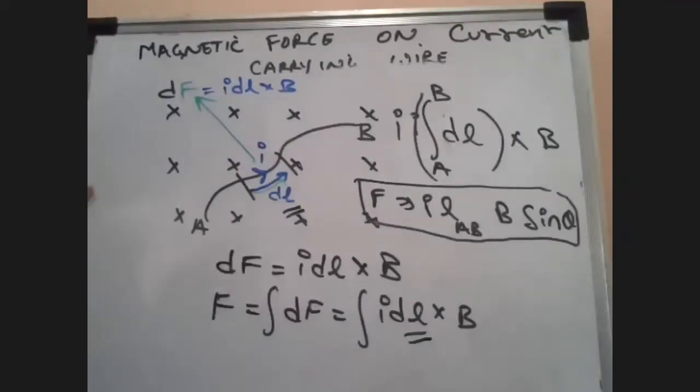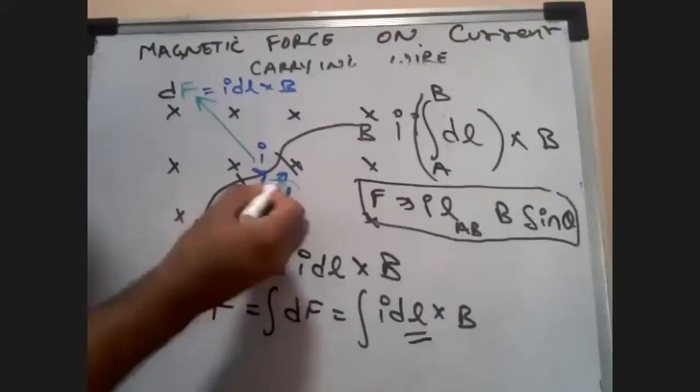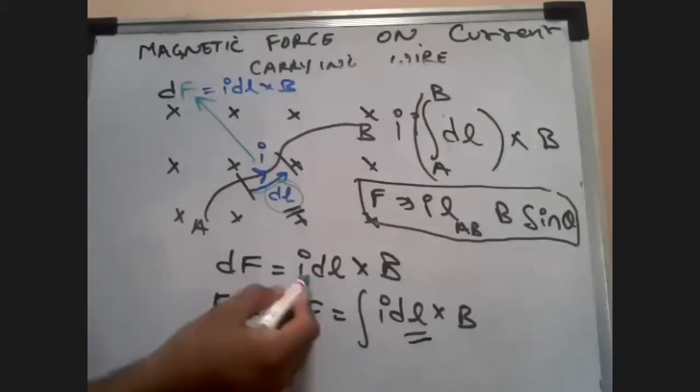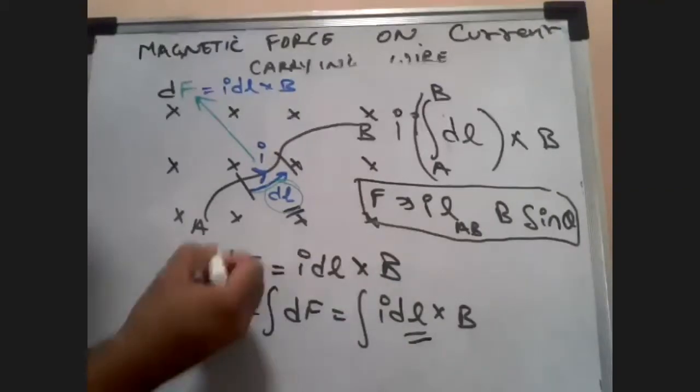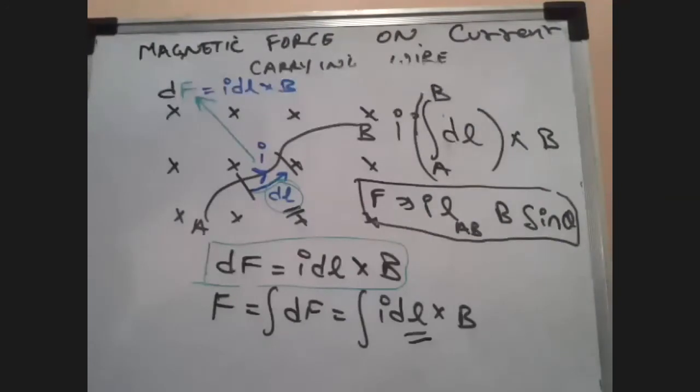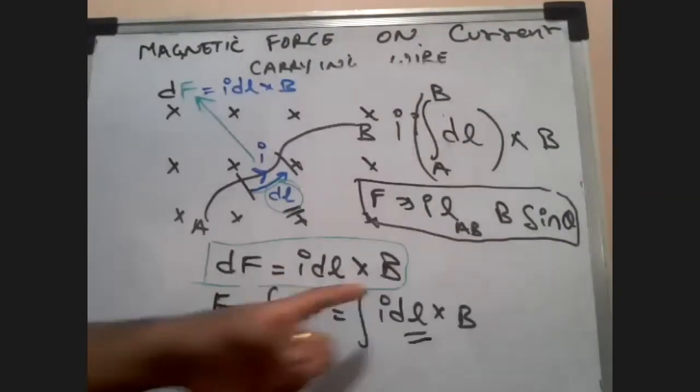You should always take the length vector in the direction of the current. That is a main important concept. Once you do that, you can simply apply this formula: dF is equal to I dl cross B, or F is equal to I L cross B. In that case, L and B are vectors.